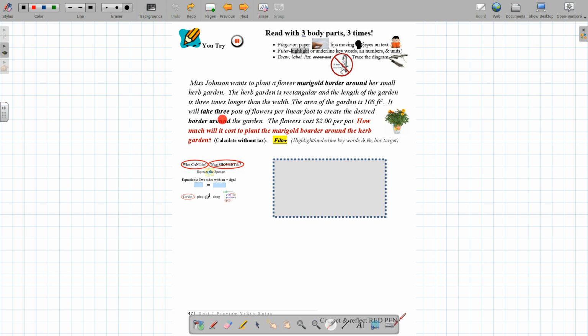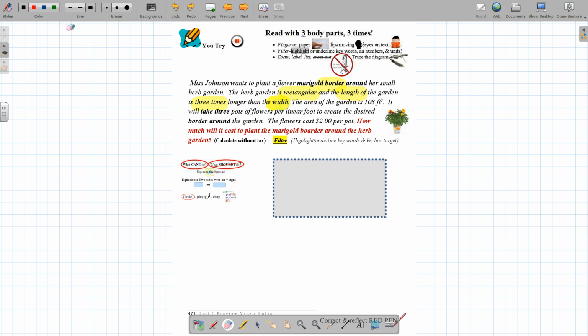So first off, it says right here, the length is 3 times longer than the width. So this is our length is 3 times longer than the width. Whatever the width is, our length is 3 times longer than our width. We've got that taken care of. The area we've been given, the area is 108 feet squared.